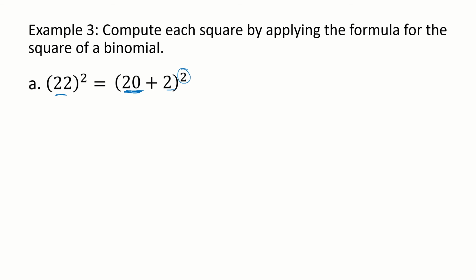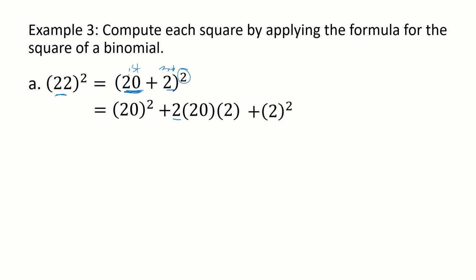So 20, you need to add a 2 to get the 22. So applying the concept of square of a binomial, you get the square of the first term, then 2 times the first term times the second term. So 2 times 20 times 2. Plus the square of the last term or the second term.